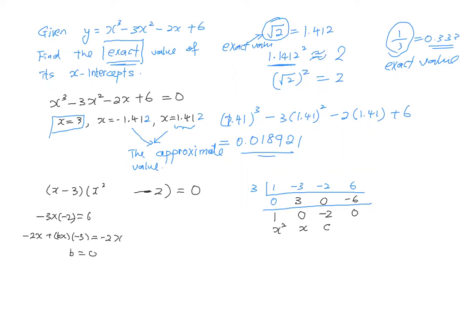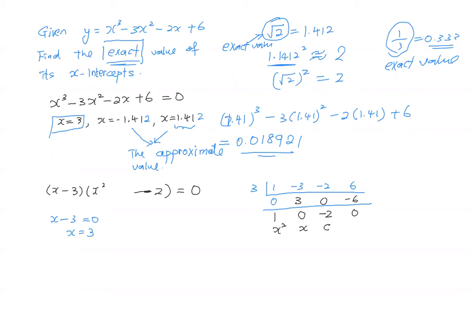So everyone, are you satisfied? Anything you want to ask before we continue? No, so far. So now you have x minus 3 equal to 0, x equal to 3.